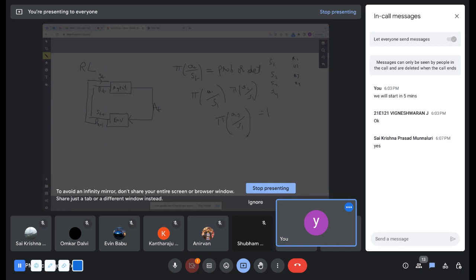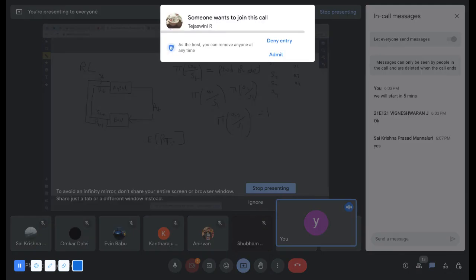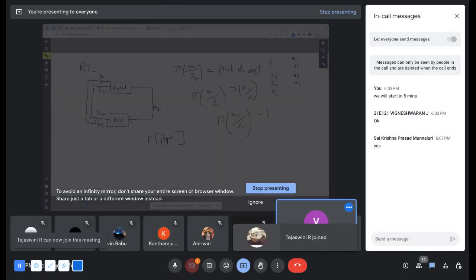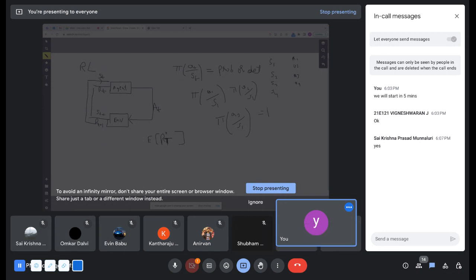The probability is one, so that is deterministic. What is your end goal? The end goal is to maximize your expected rewards. Assume you are doing this for a finite time t. There is no hard and fast rule that you have to play for finite time steps.